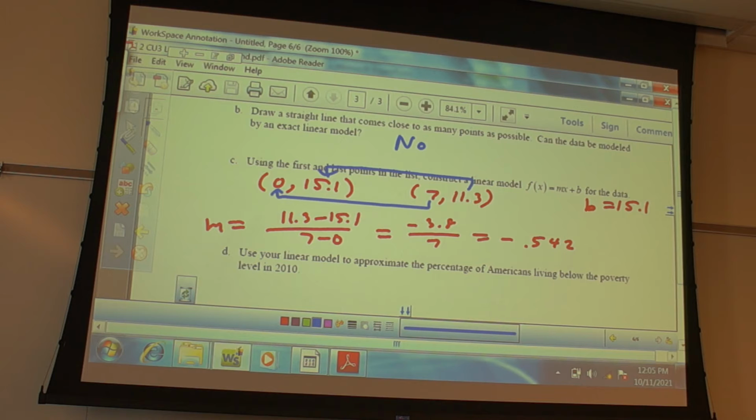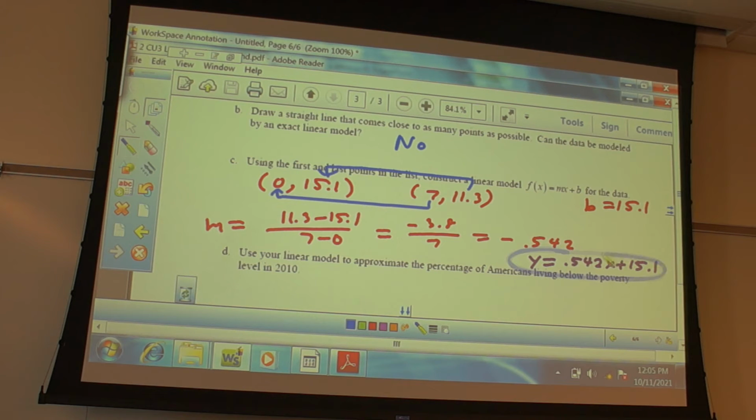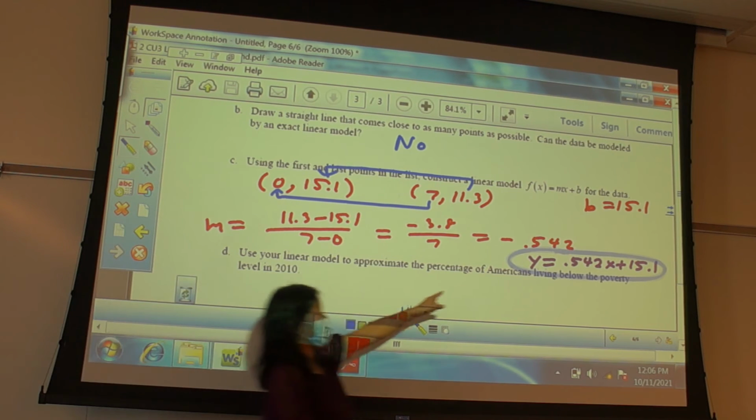Is everyone on board? You just put parentheses around X. Okay, did you guys all get this as your answer?